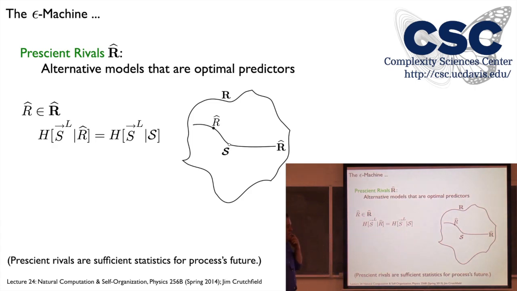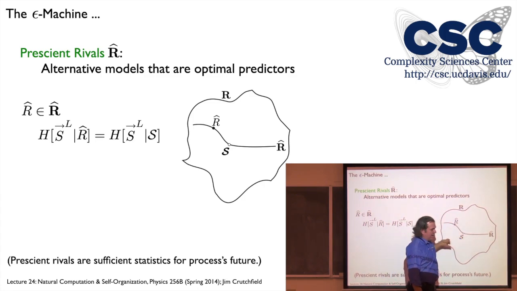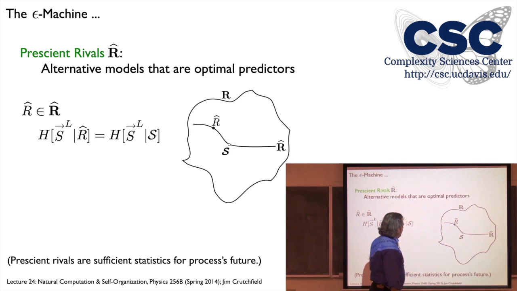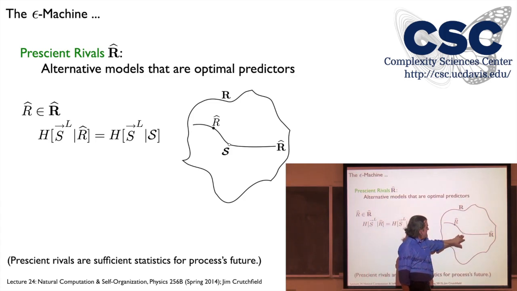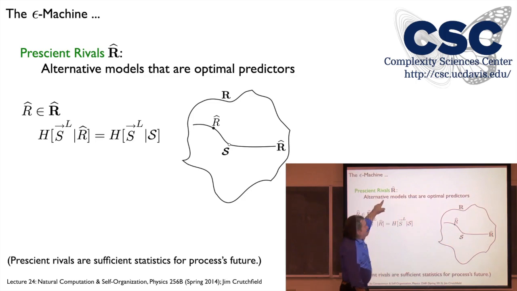Okay, so at this point, we've been talking about this entire space of models. Somewhere in there was the Epsilon machine, the causal states, and we could be anywhere out here. We're just picking these things. Just in terms of prediction, we showed that the Epsilon machine is the best, but it turns out there can be other models that are equally predictive. We call those the prescient rivals.